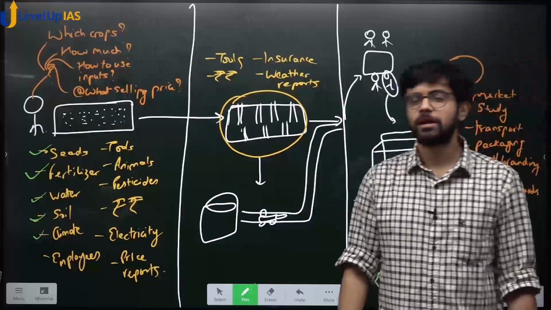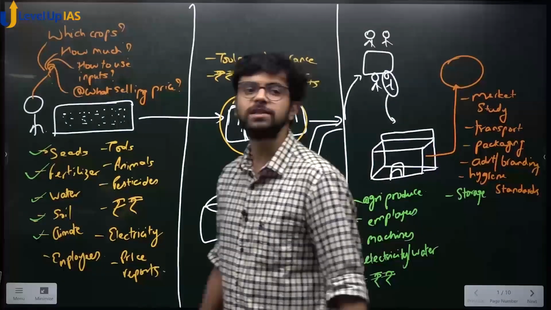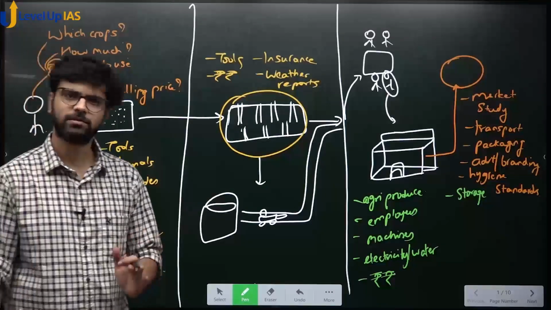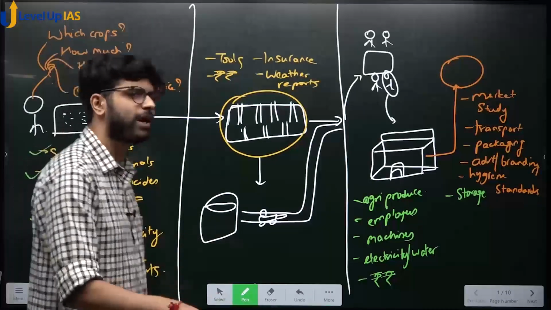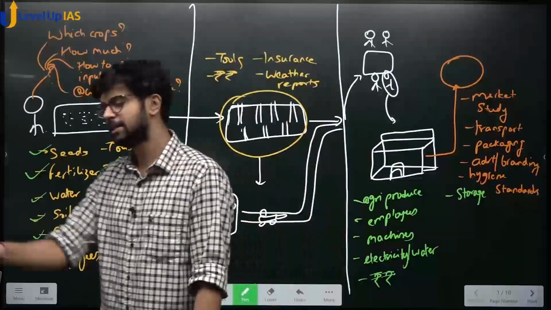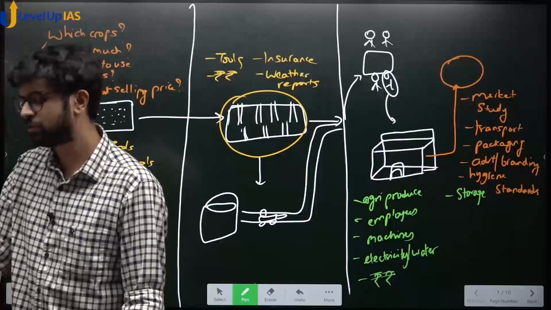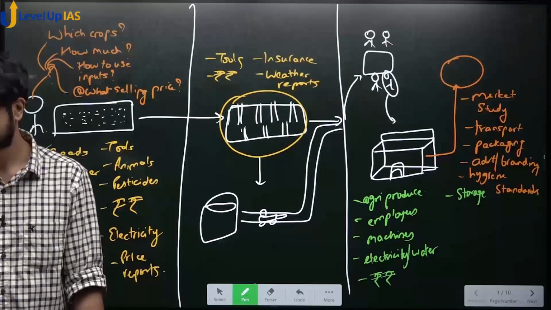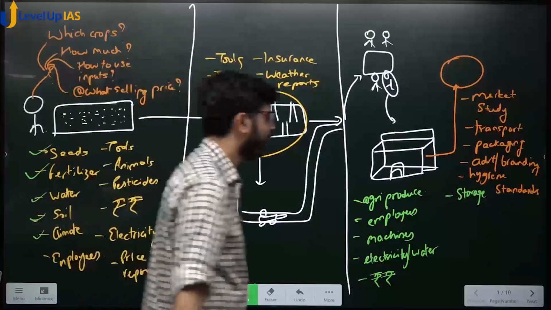Okay? Let us begin with the next syllabus point, which is irrigation system, storage, transport, marketing. Simple. Let us do storage, transport, marketing. Irrigation we will cover later on. Irrigation bhi important hai, but storage, transport, marketing is much more juicy and much more important. Let us start with storage first.